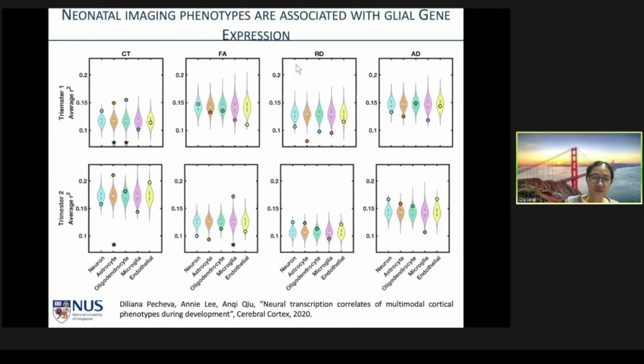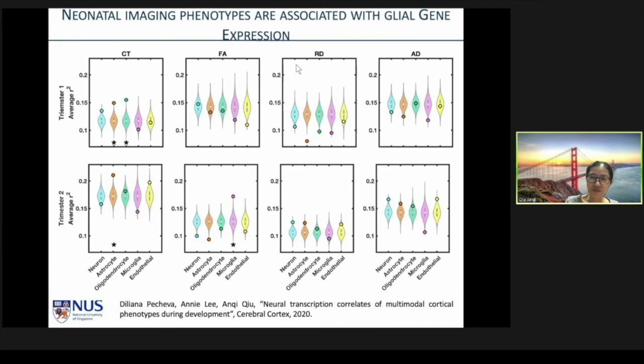Here we show the cortical thickness was associated with oligodendrocyte gene expression during trimester 1 and astrocyte expression during trimesters 1 and 2. And fractional anisotropy measures were associated with gene expression in the microglial cells, particularly in trimester 2.